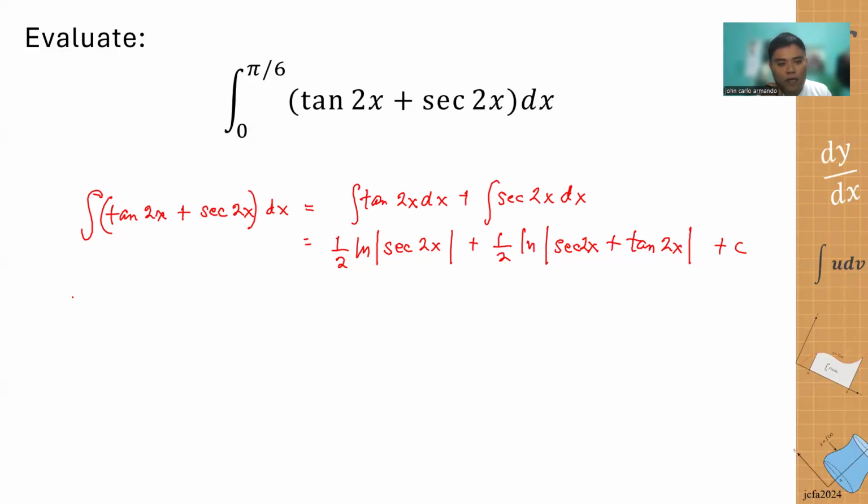This means that we just replace x by pi over 6, then subtract the value when x is replaced by 0.